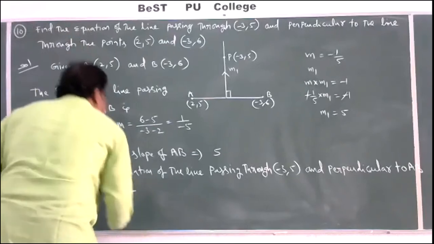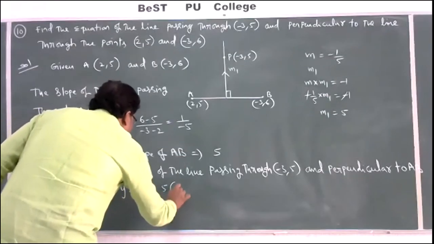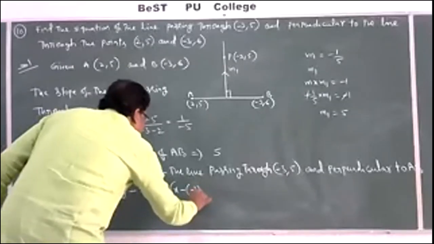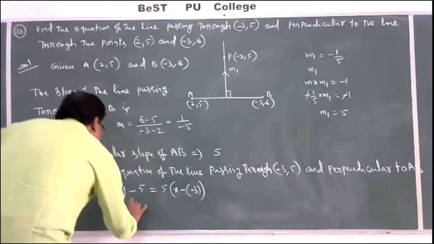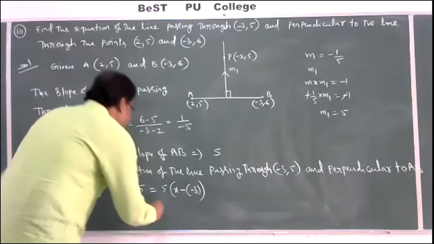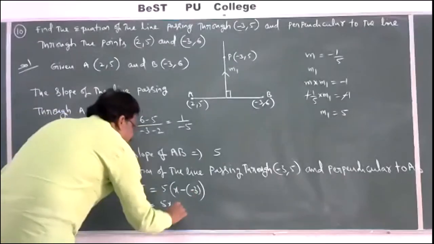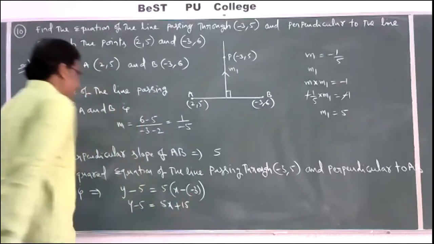that is y minus y1, y1 is 5, equals M which is 5 into x minus x1, x1 is minus 3. That is y minus 5 is equal to 5 into x, 5x, minus into minus plus, 5 into 3 is 15.